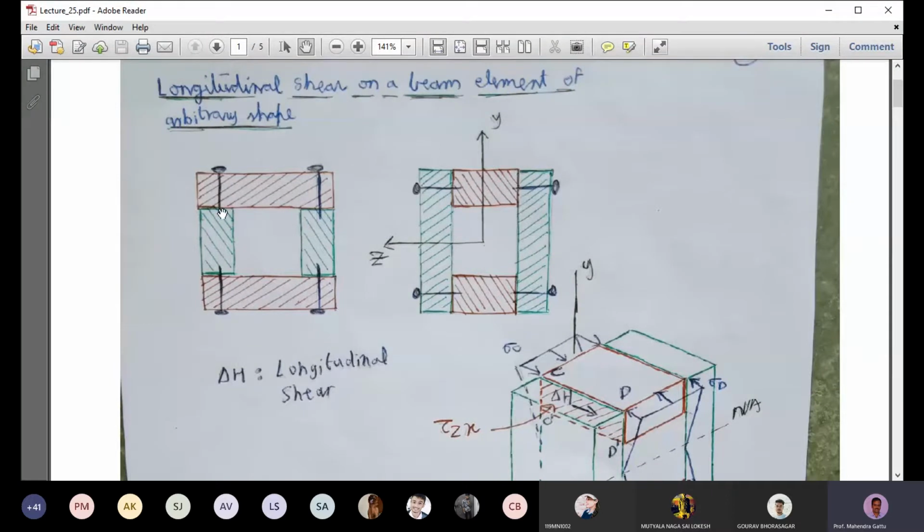To calculate that, we take this red area and calculate its first moment with respect to the neutral axis. Then we substitute in the formula ΔH = VQ Δx / I. So we get the horizontal shear acting on this surface and on this surface.